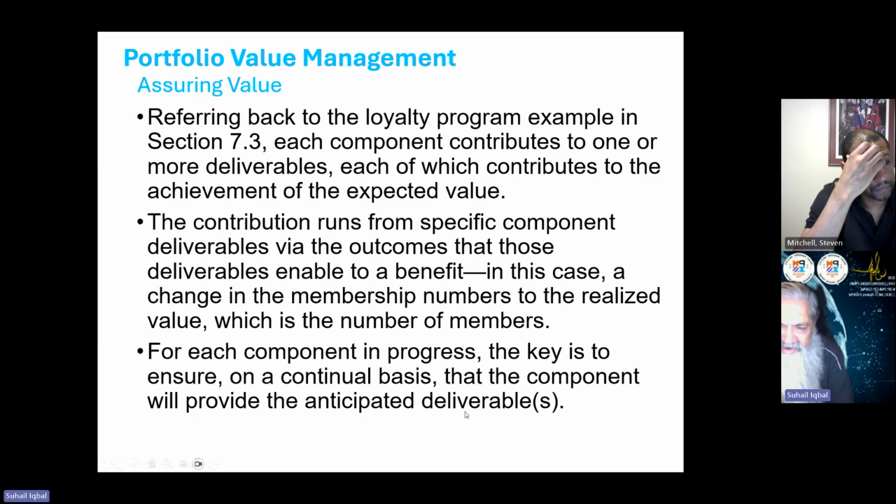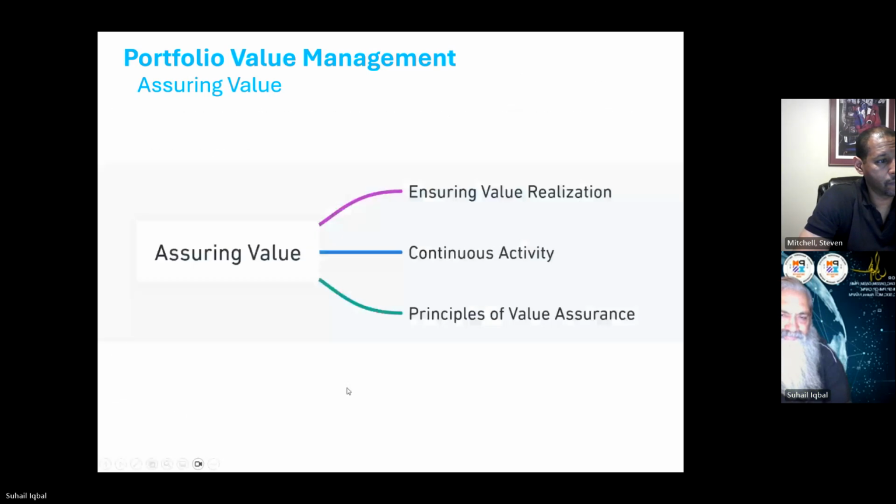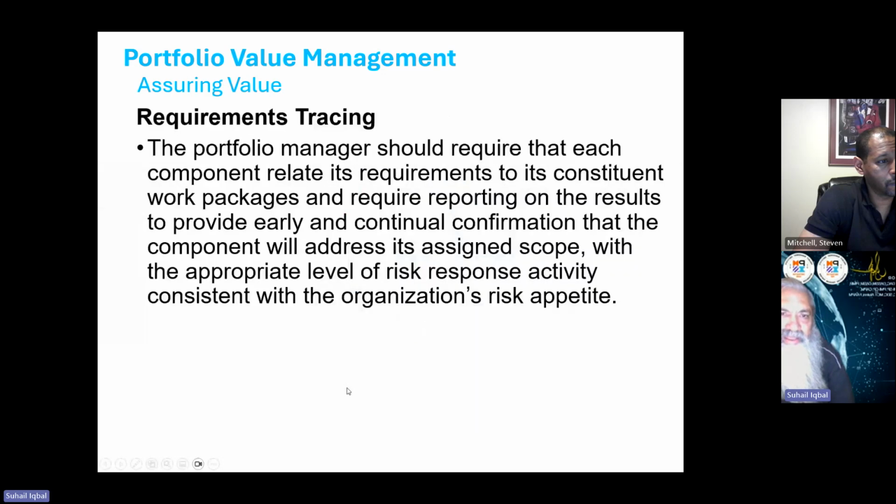As in a previous slide, value assurance is enacted at a detailed level within each component, appropriately considering risk at all levels from component to overall portfolio. So it's not only the risk, it is also value generation and everything included. A brief on the requirement tracing.